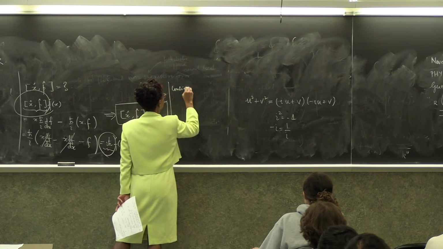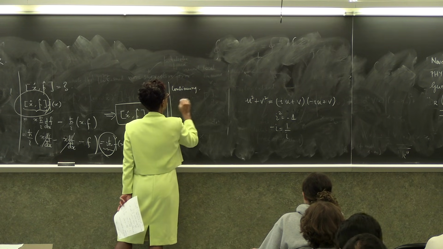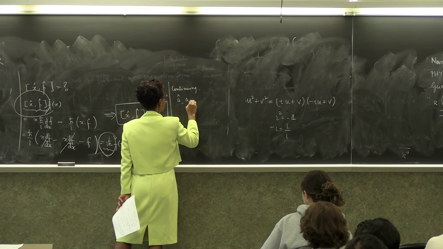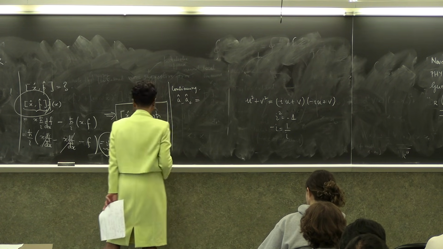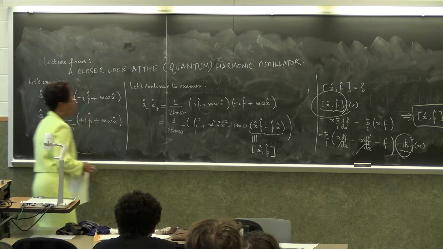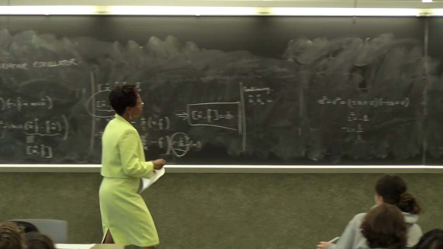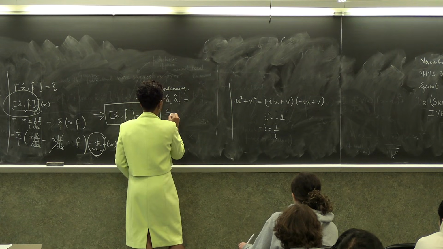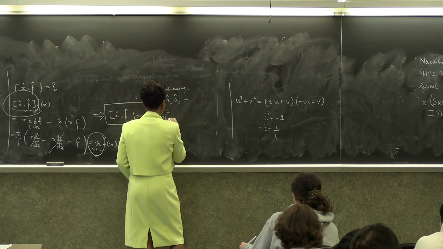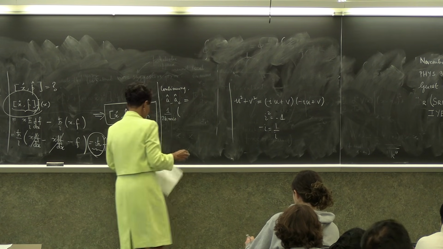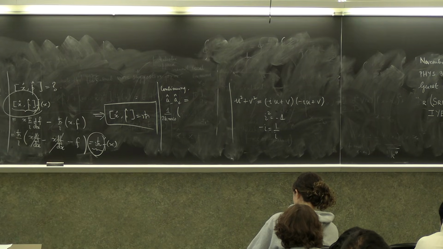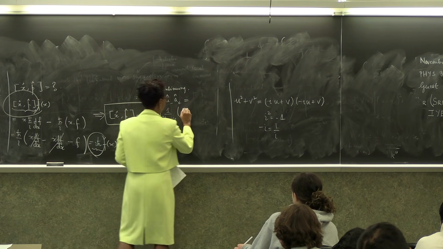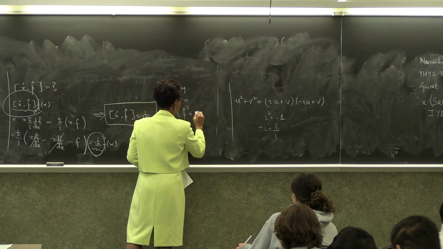Continuing, a minus a plus is therefore equal to what we had before, one by 2 h bar m omega times this stuff, just what we had before.